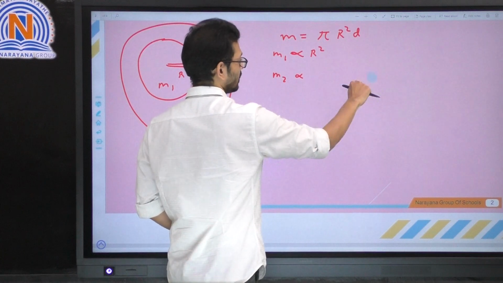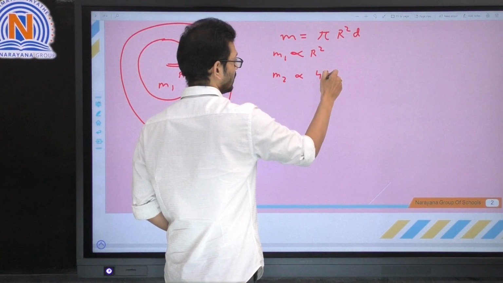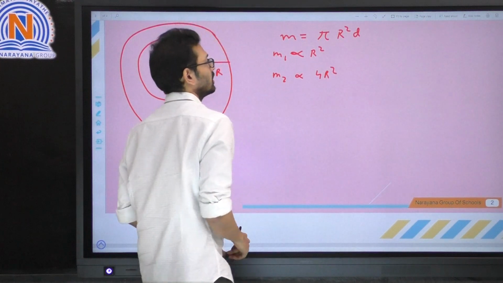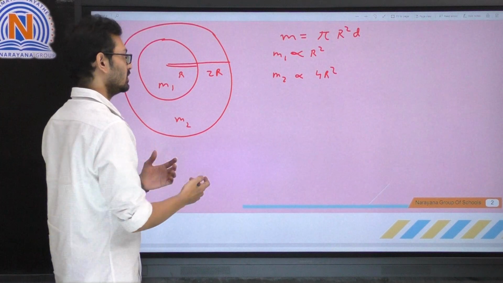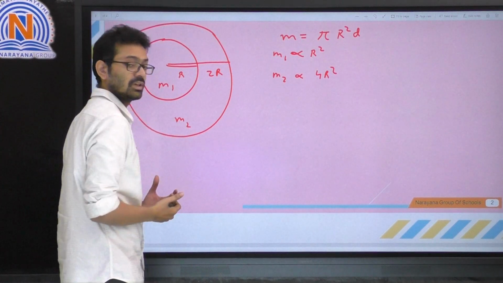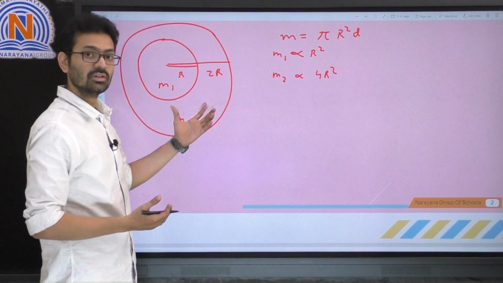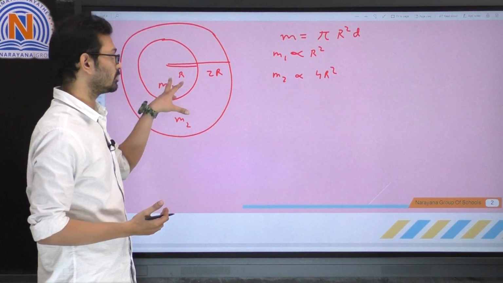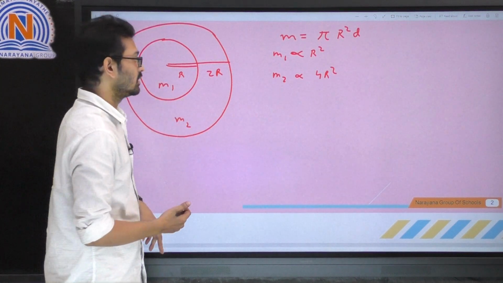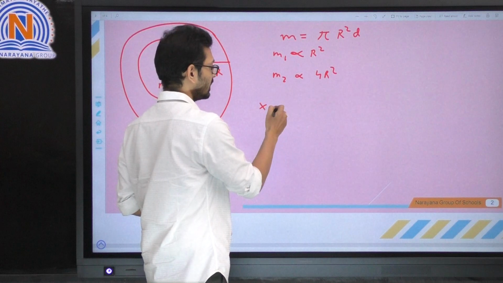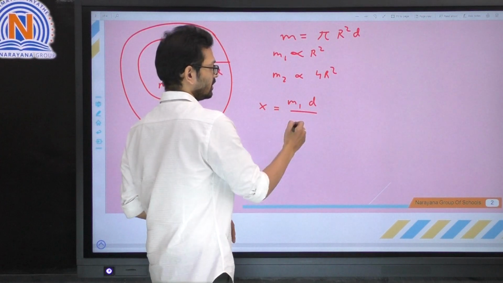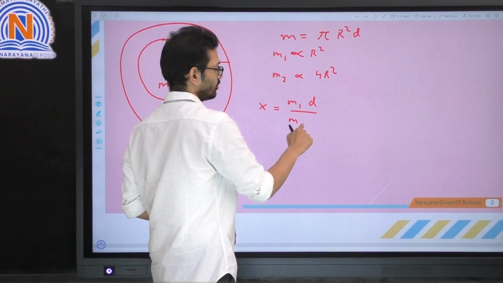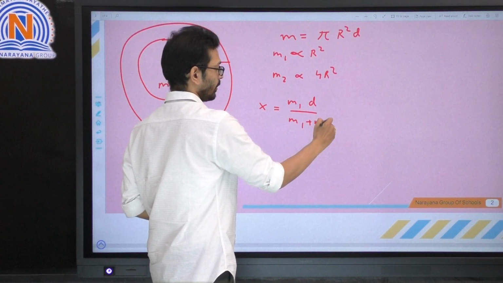So I got m1 and m2. Now I want the displacement. I want the center of mass with respect to the bigger uniform disk, which I will take as x is equal to m1d by m1 plus m2.